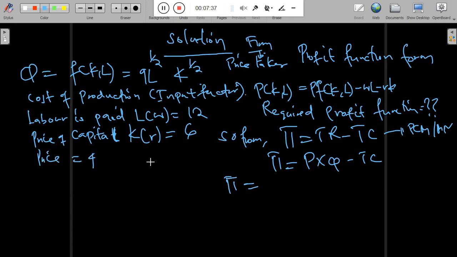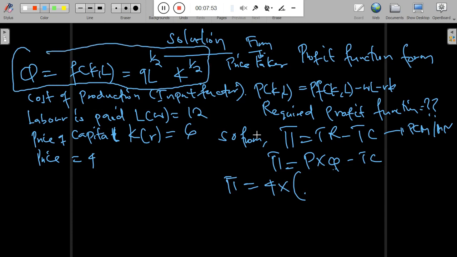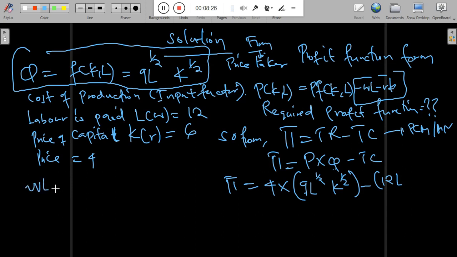So what will be the price? The price we have is 4, as was provided in the question. So we take 4 times the output level. The output level is 9L raised to the power of a half times K raised to the power of a half. Then we subtract the total cost function, that is WL, where we plug in the wage rate, the payment to labor, that is 12.